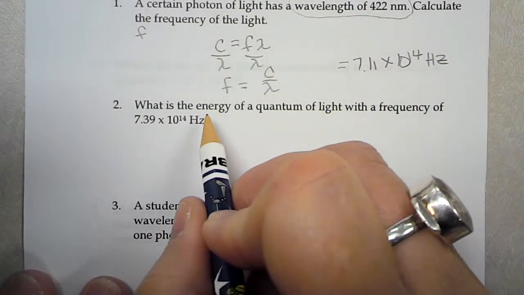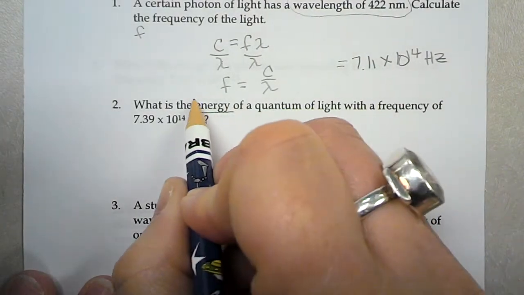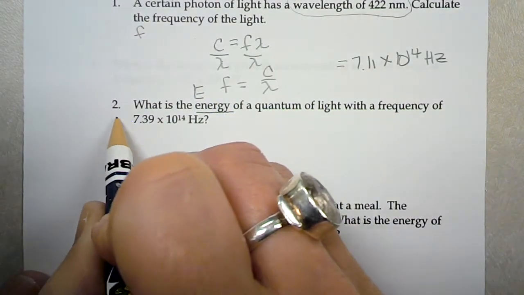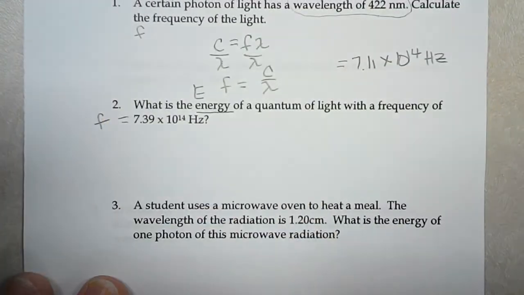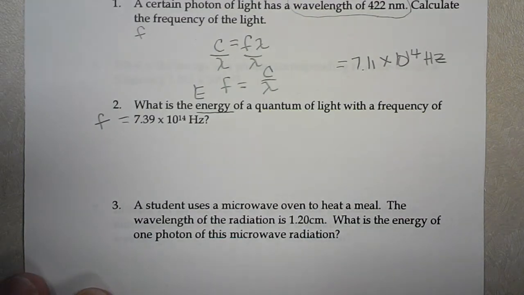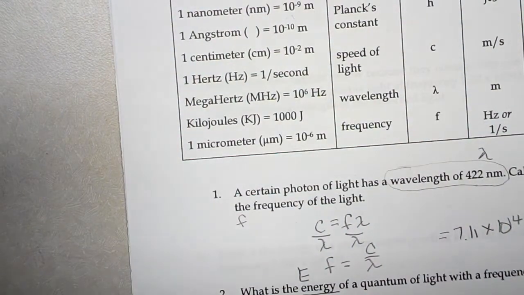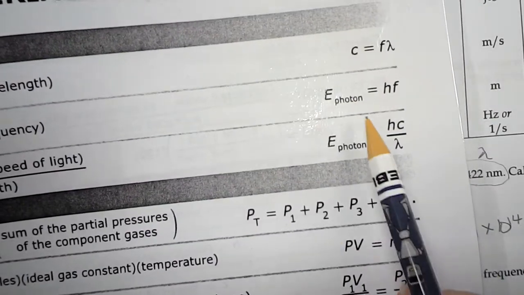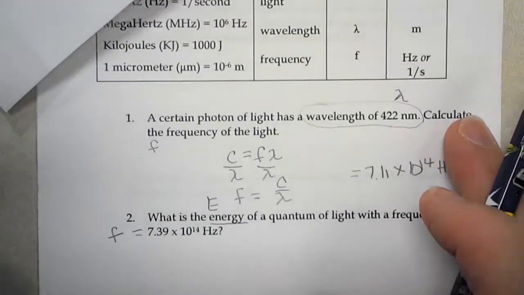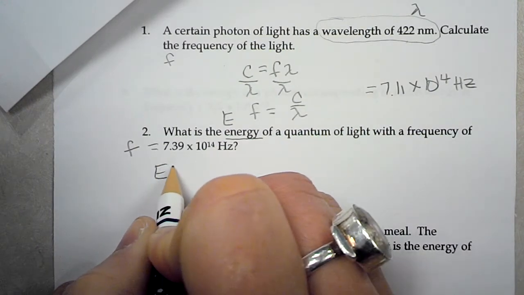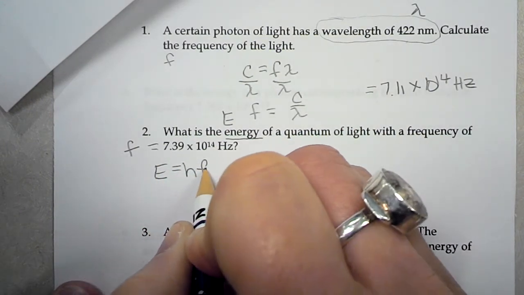When you go to the energy, what is the energy of a quantum? That's the symbol E, with a frequency of this, so this is equal to f. So you want to find a formula that has energy and frequency in it. Whenever you look at your chart, you'll see that the formula that has energy and frequency is this formula, and it uses Planck's constant. So energy is equal to Planck's constant times frequency.